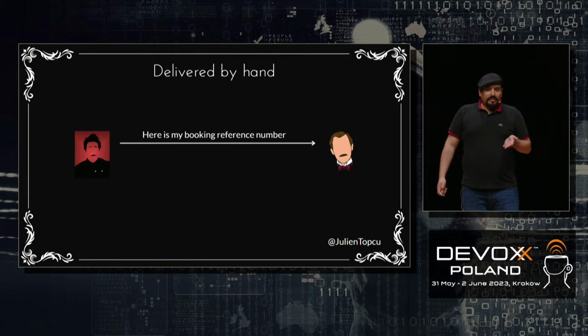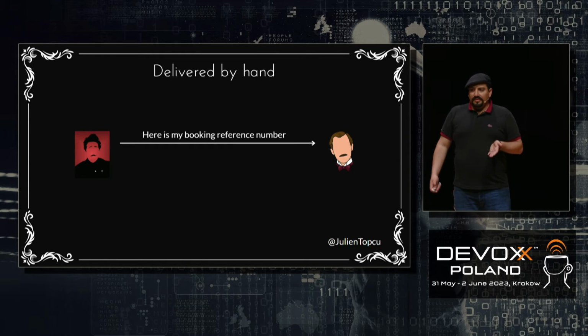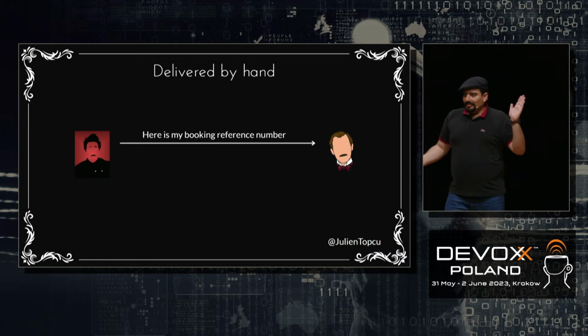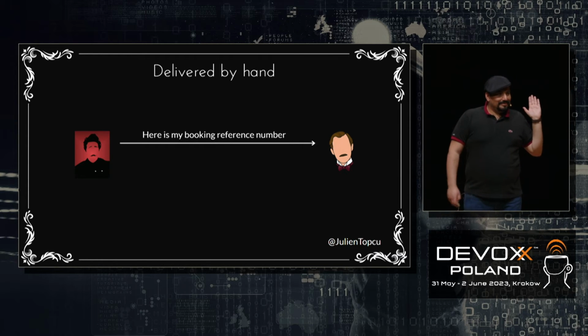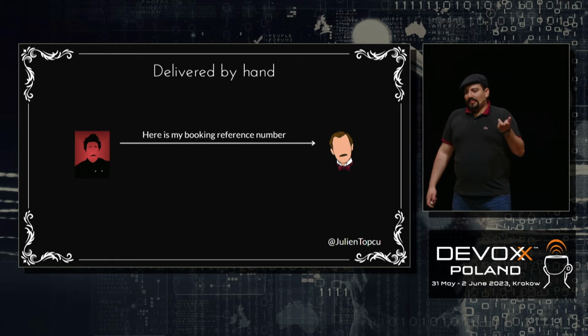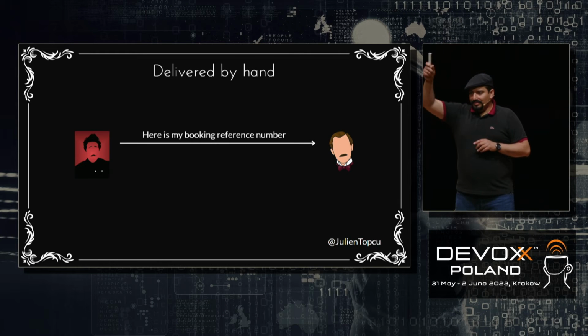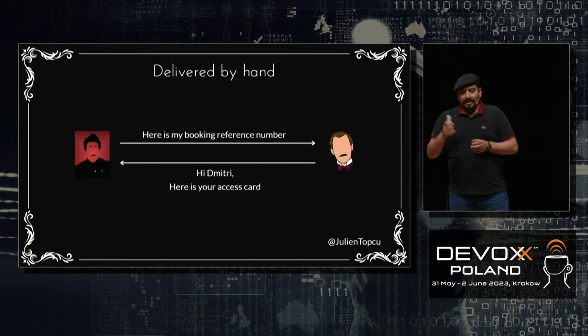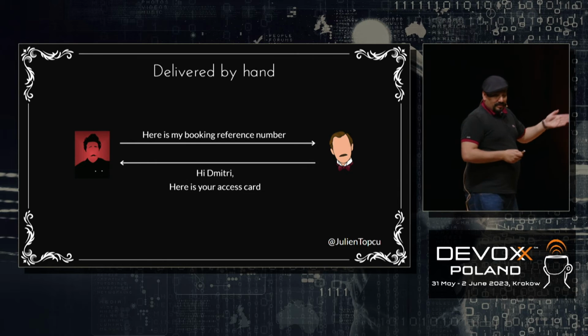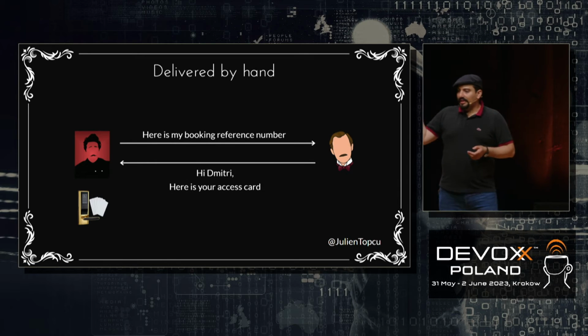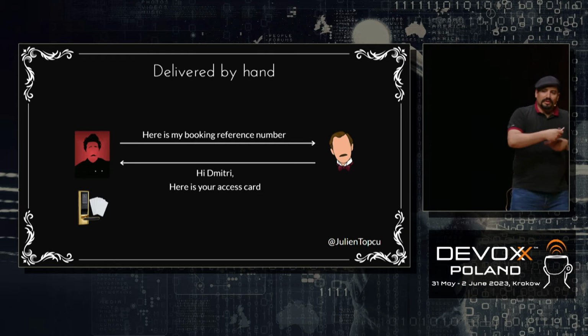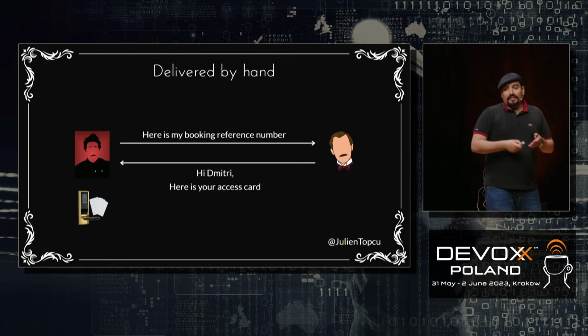And in exchange of that, what will the receptionist do? You know that process, right? Yeah, check the ID, but after that, he gives a card, right? He gives a card, so the guest can open his room with the card, right? So in exchange of the booking reference number, you will get an access card.